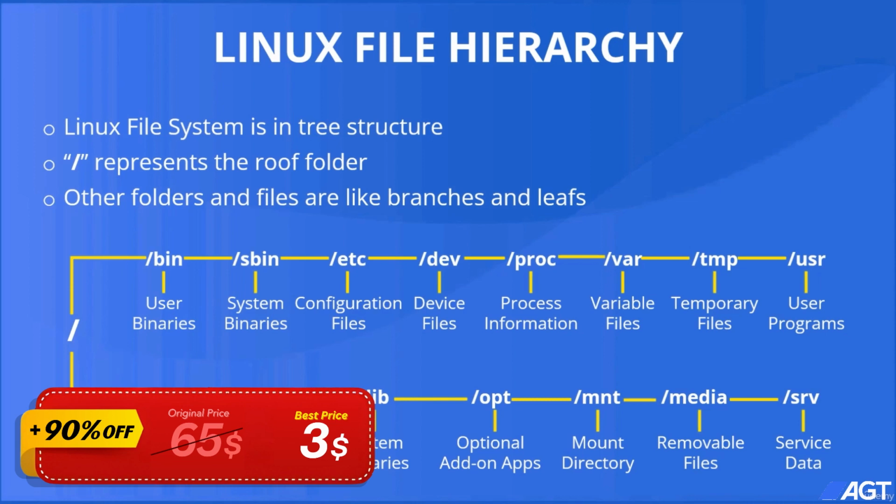It contains variable data like system logging files and temporary files. /media, mount points for removable media such as CD-ROMs and the like. /tmp contains temporary files created by the system as well as users. /srv contains site-specific data served by this particular system, such as data and scripts for web servers. /usr contains binaries, libraries, documentation, and source code for second-level programs.